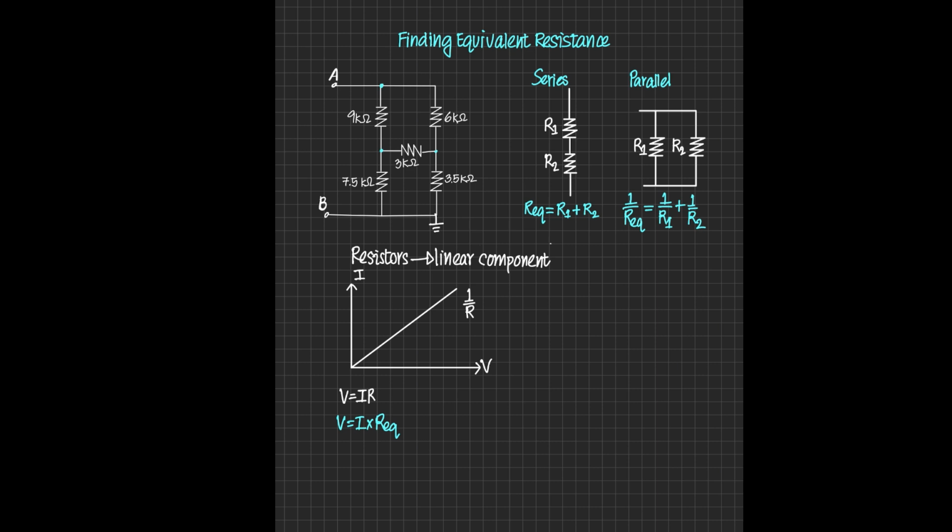First, we know that if you apply any voltage V1, we will get a current I1 going through the circuit. Again, if you apply any voltage V2, we will get a current of I2 going into the circuit. Regardless of what voltage you apply, we'll get a respective current while maintaining the same equivalent resistance.